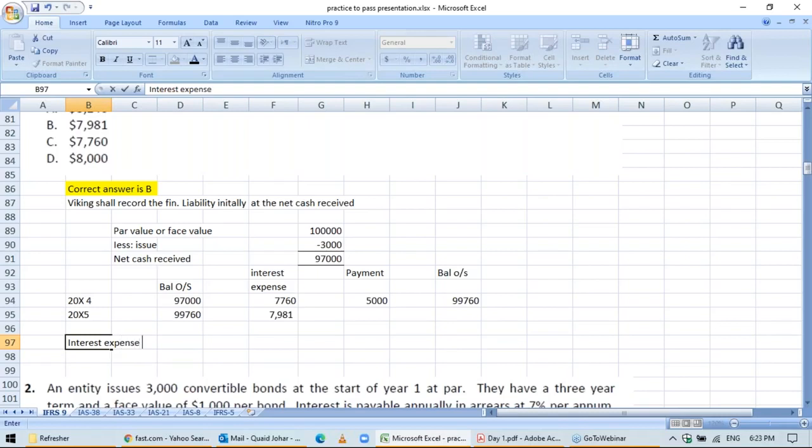Interest expense is always equal to the balance outstanding multiplied by the effective rate of interest.